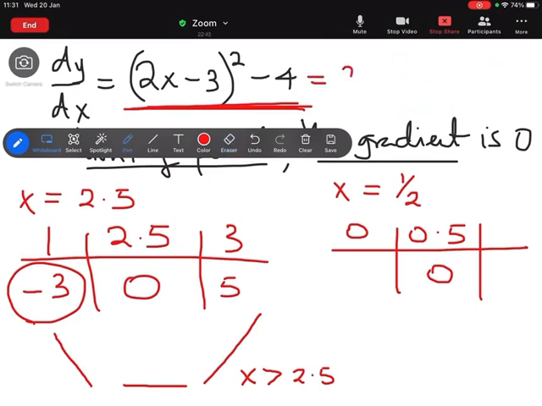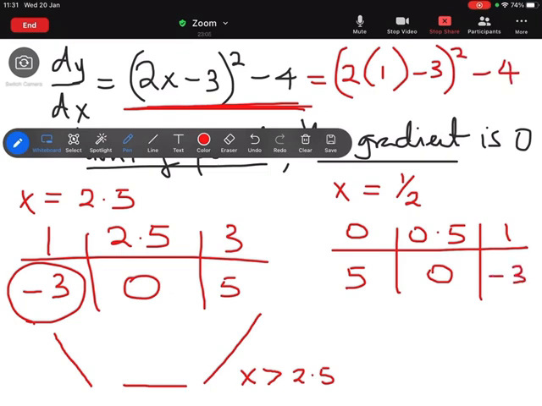So we shall have 2 into 0 minus 3, squared, minus 4. We calculate that, and we get the answer to be 5. And to the right of 0.5, I will use 1. And I will go ahead and substitute, 2 into 1 minus 3, squared, minus 4, which gives us negative 3.